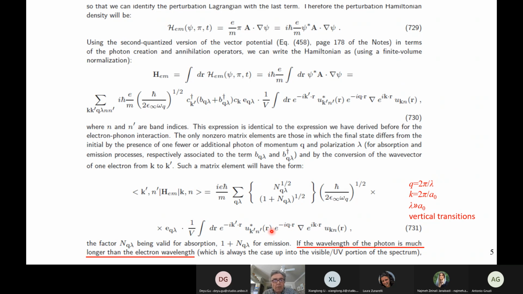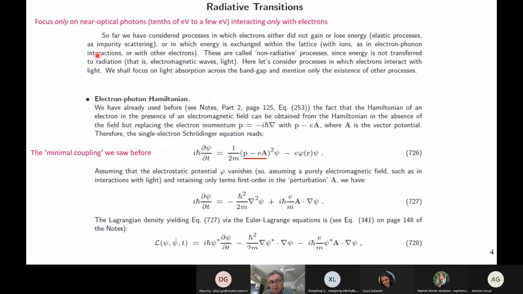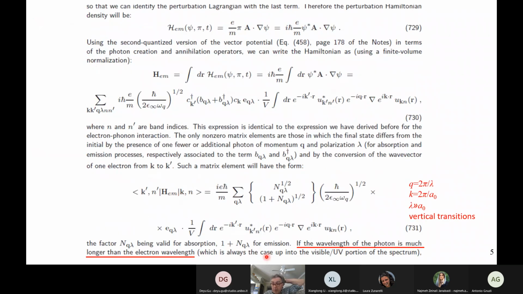Now, as I said, here we're focusing on near optical photons. If we look at the wave vector associated with the photon, it is inversely proportional to the wavelength. On the contrary, the k vectors that we're dealing with for the electrons are inversely proportional to the lattice constant.